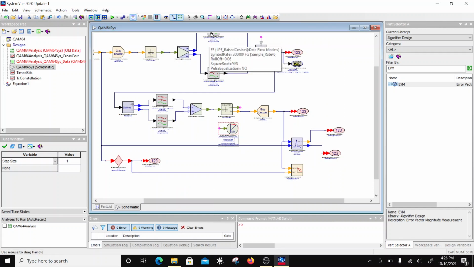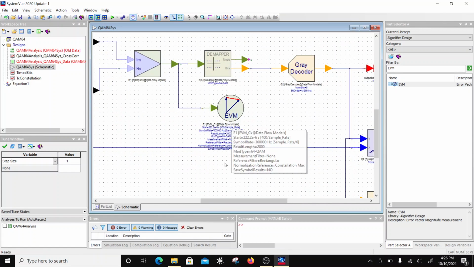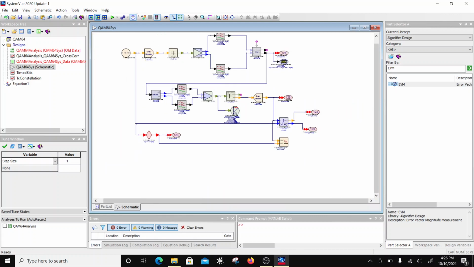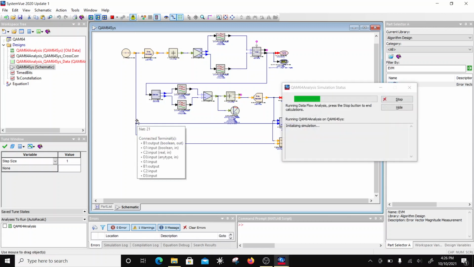So once I have done that, I'll connect here, and I'm ready for EVM simulation. So this is a very simple setup for EVM simulation, and I would just say simulate.